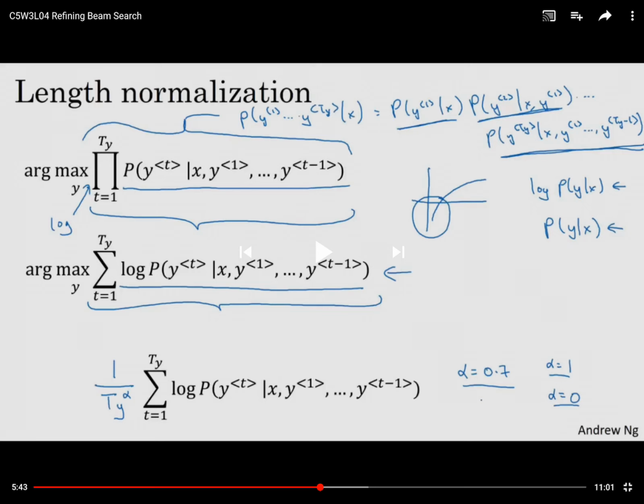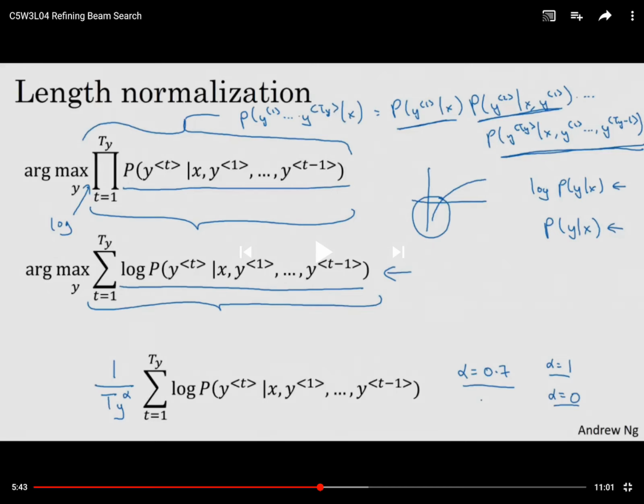It's basically for the purpose of avoiding this underflow, because if we keep multiplying really small, tiny probabilities over and over, then that number will be close to 0, that cannot be properly represented by our computer.